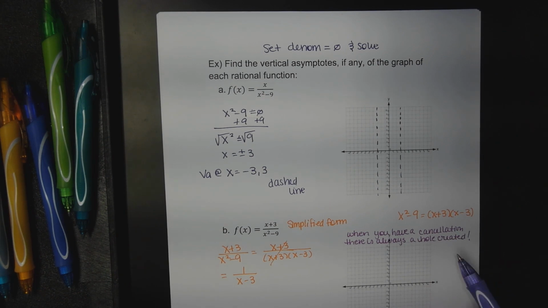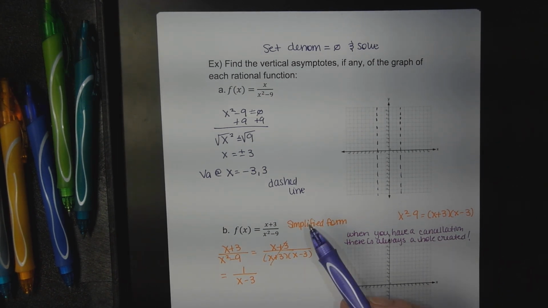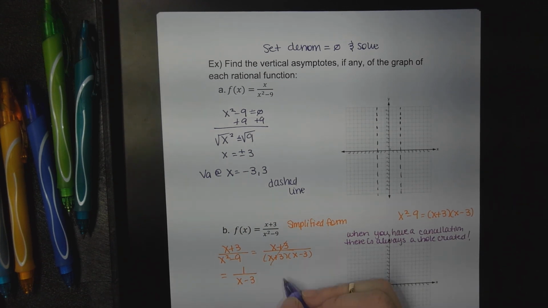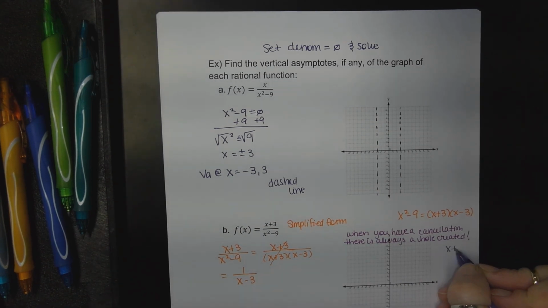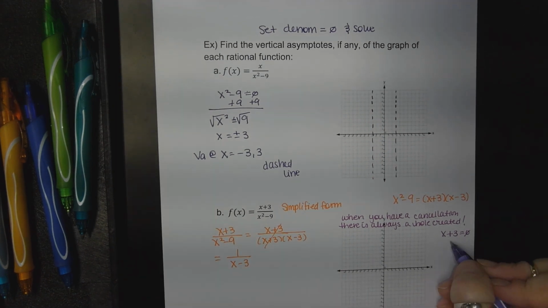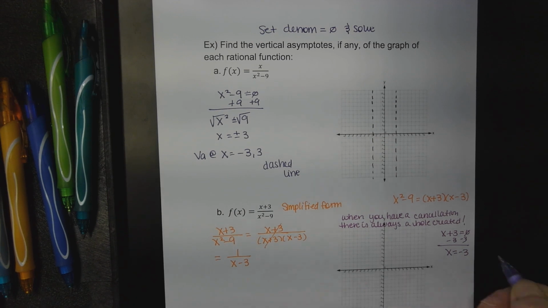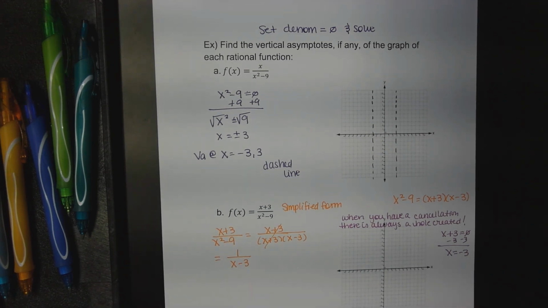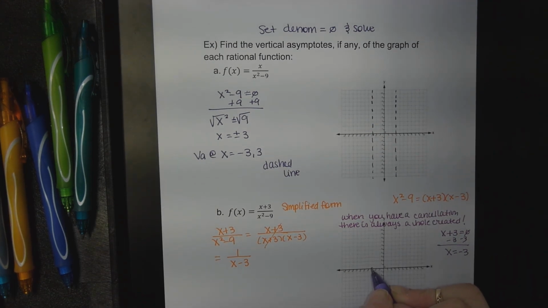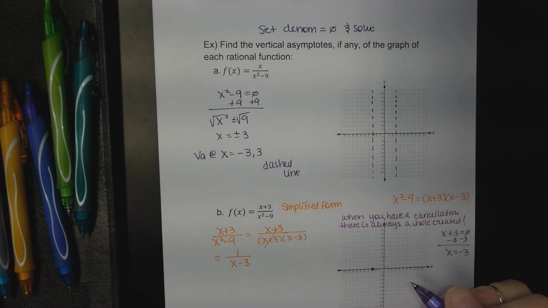And to find where that hole is, we have to take the term that canceled. So we're going to take this x plus 3, set that equal to 0, and solve. So we'll subtract 3 on both sides. X equals negative 3. So there's a hole in the graph at x equals negative 3. So at negative 3, we're going to have a hole. You denote that by a circle, okay?